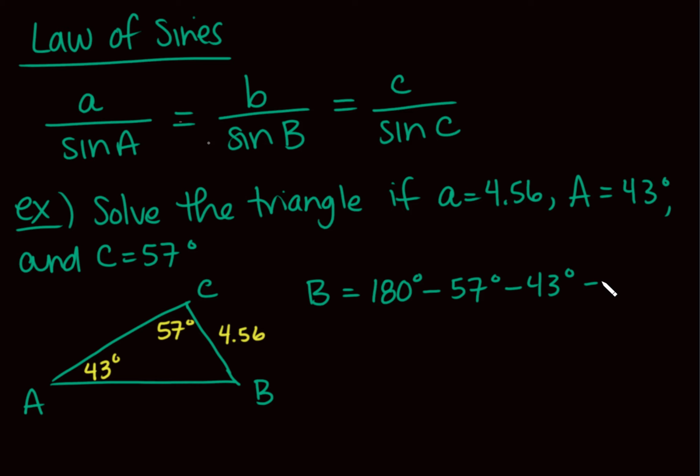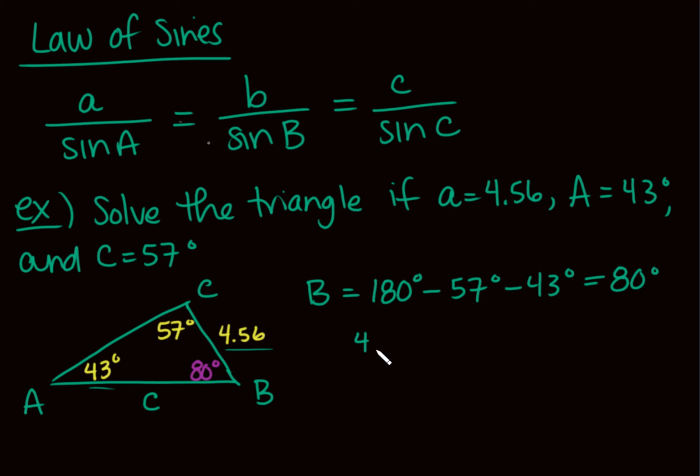Oh, I put a plus. All right, there we go. It's 80 degrees. So I found that B is 80 degrees, and now to find the sides of this, I'm going to use this relationship between sine of A and little a. Now, what am I going to try and find? I'm going to try and find little c.